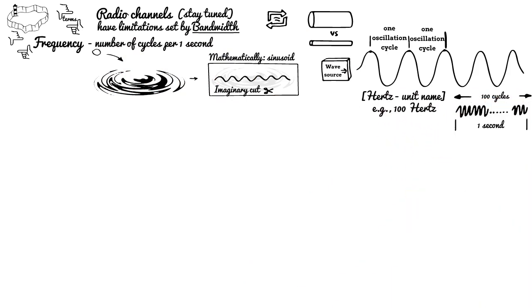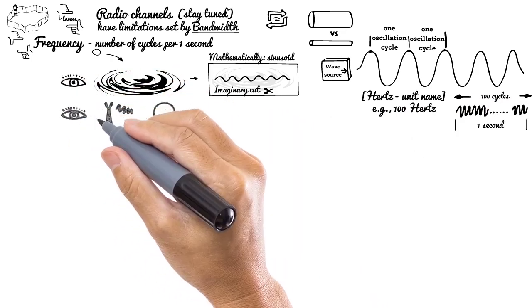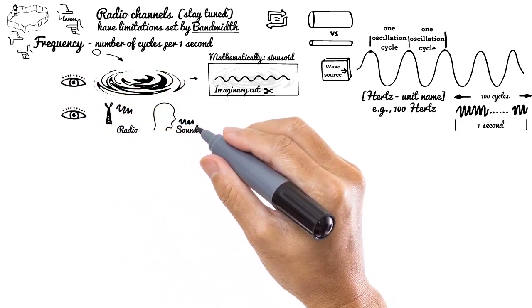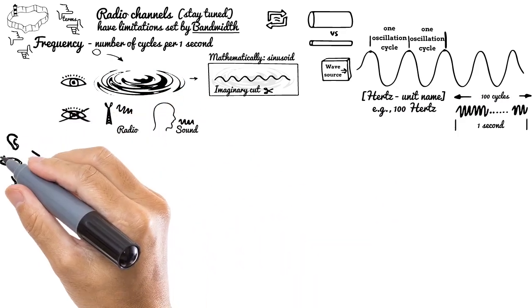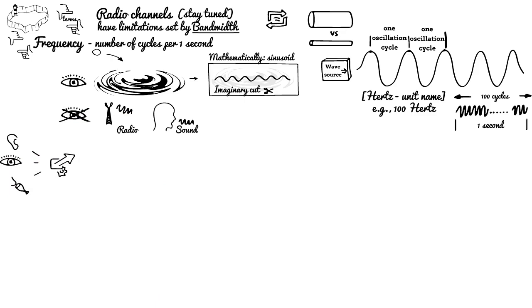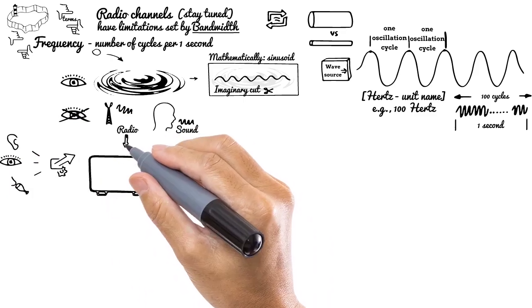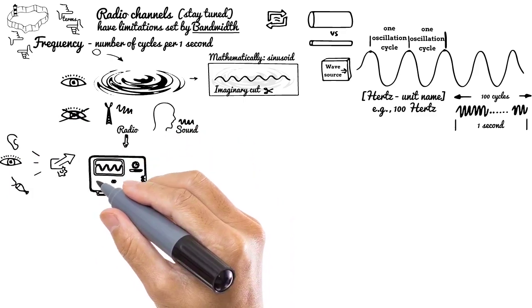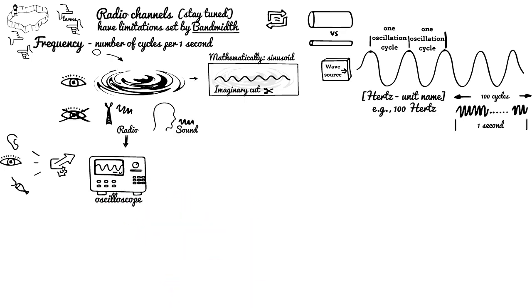Our eyes could see waves on a water surface, but they could not see lots of other waves, including radio waves and sound waves. Luckily, our senses of perception were extended by developed technological devices. So we can see invisible for our eyes waves through special monitors of certain devices. For example, radio waves, sinusoid and frequencies values could be seen using oscilloscope device.